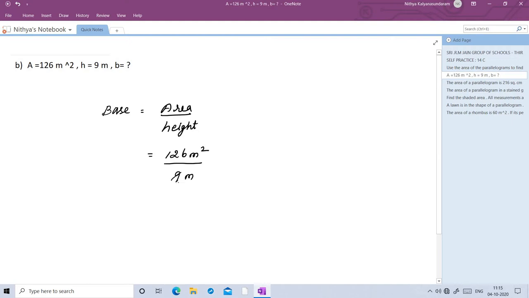So we can cancel in 3 table. 3 3s are 9, 4 3s are 12, 2 3s are 6. Again we can cancel in 3 table, 14 1s are 14. Meter also we can cancel one time. So base is 14 meter. Therefore the answer is, base of the parallelogram is 14 meter.